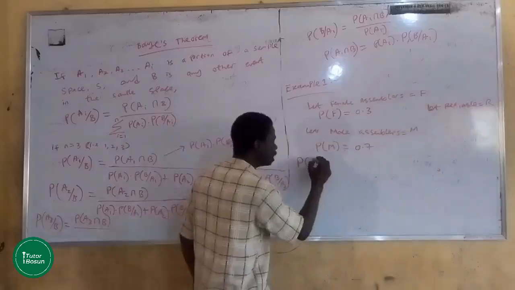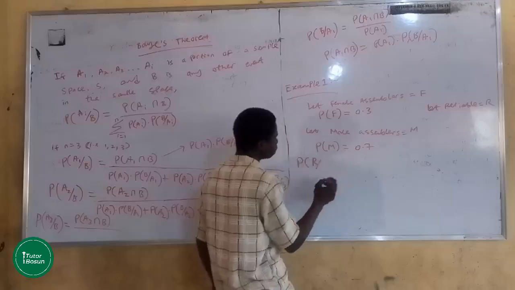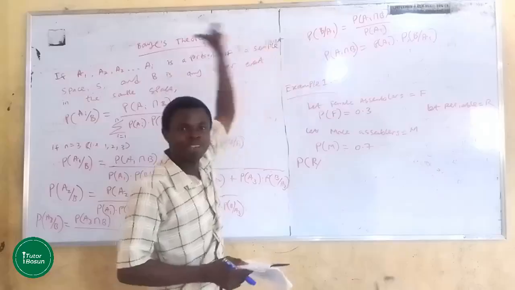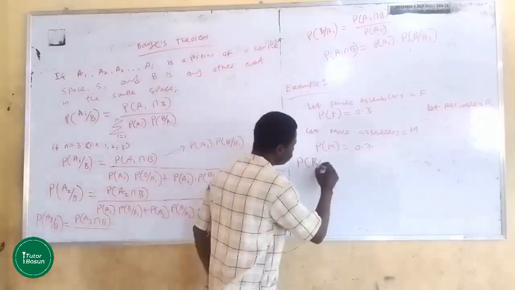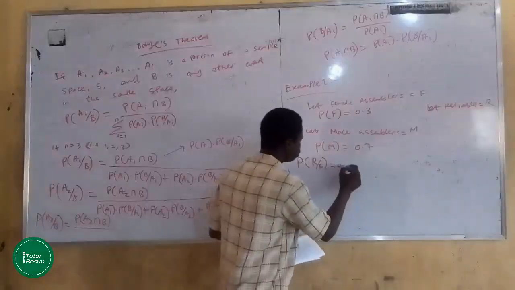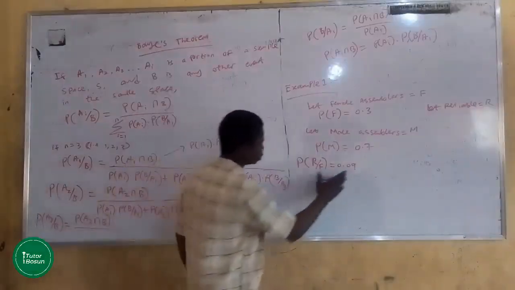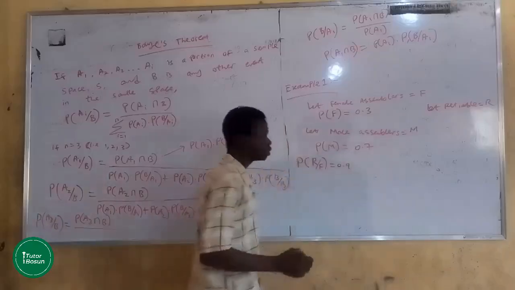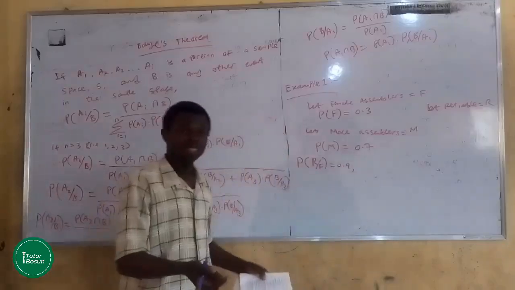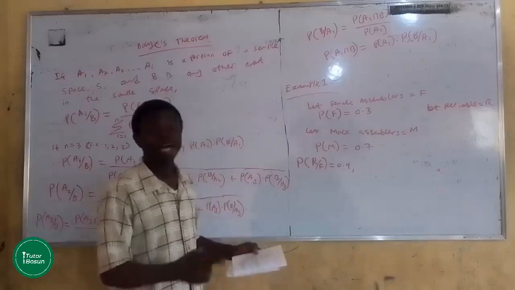So the probability that it is reliable given F is equal to 0.9. And the reliability of the instrument assembled by the latter is 0.8. That is, the probability that it is reliable given that it is assembled by male is 0.8.